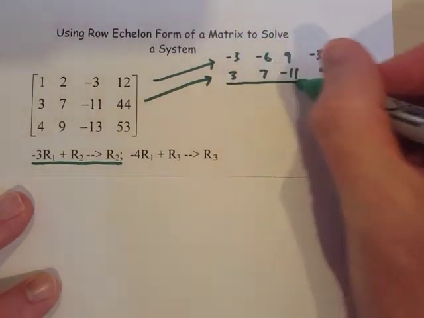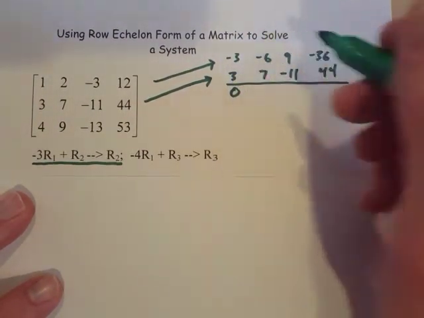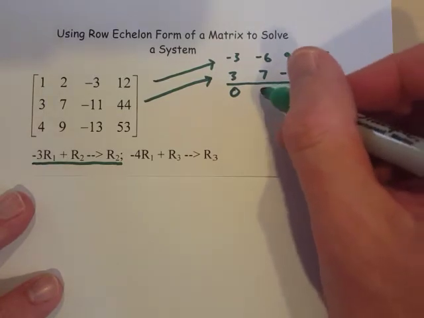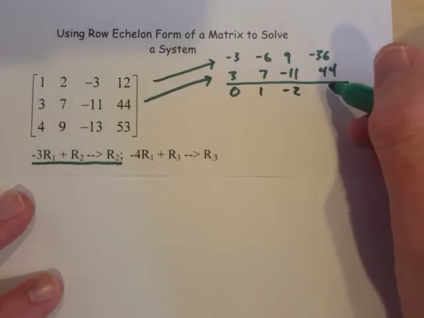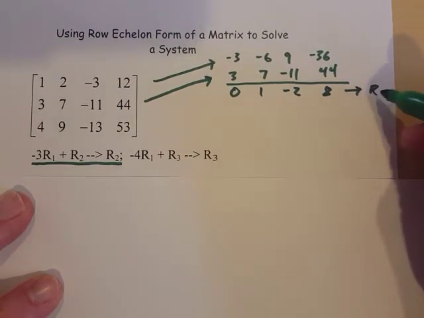We add those two together, gives us 0. We do actually want to write the 0 in there because this is a matrix. And then 1, -2, and 8. This will be our new row 2.